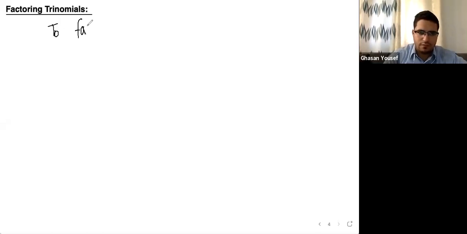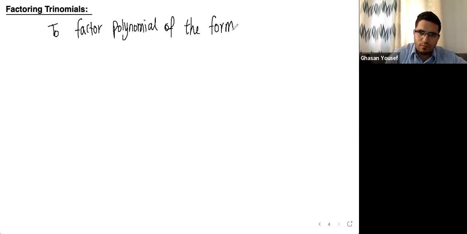To factor a polynomial of the form x squared plus bx plus c.